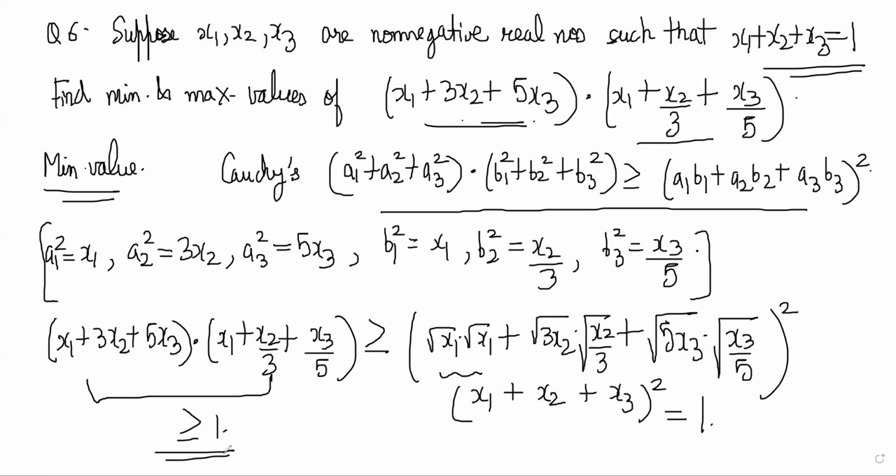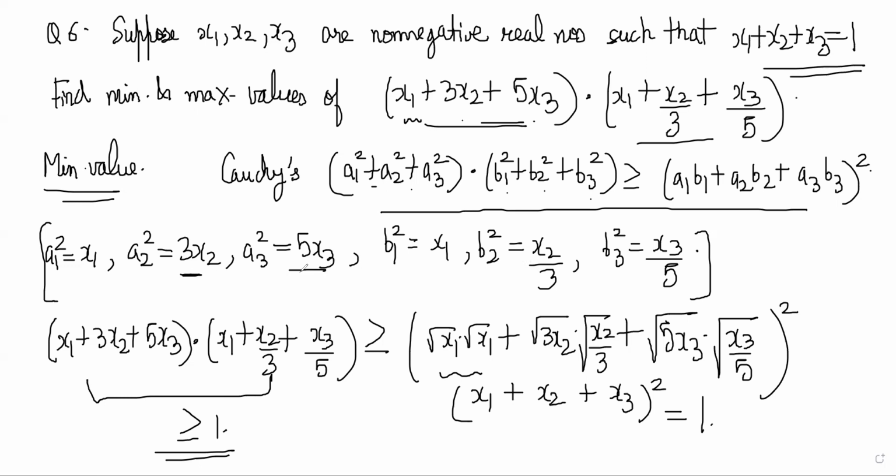And the equality will happen when the vectors that are formed are parallel to each other, right? So the a1, a2, a3 vector and the b1, b2, b3 vector have to be parallel to each other. So you cannot take a direct proportionality because you will get something wrong. If you do direct proportionality, root 3x2 by root x2 by 3, x2 will cancel and it will become root 9, root 3.